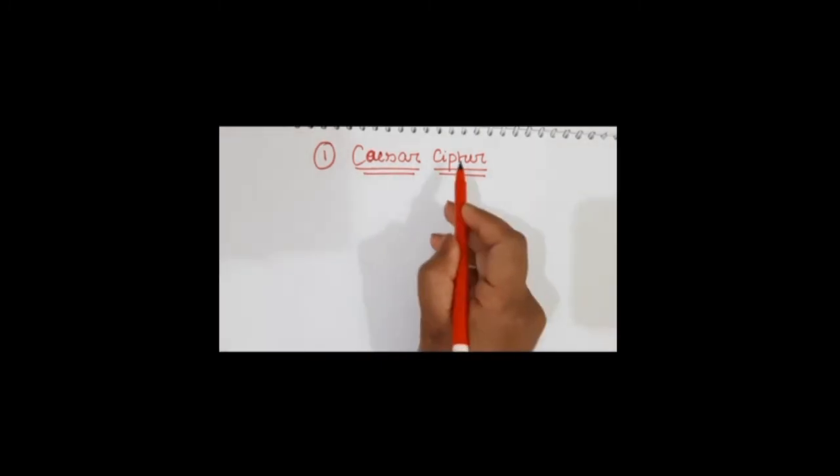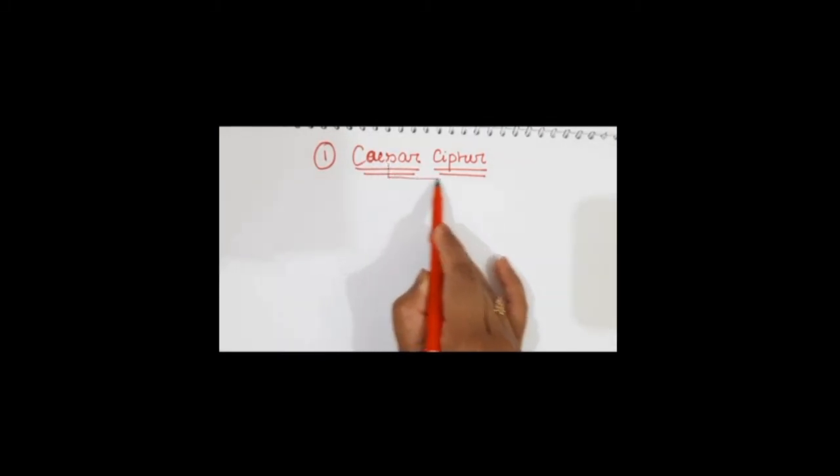Now, in his era, the messages were sent in a particular way. How was it sent? In his era, the message was converted into a secret form, and then it was given to the person who took the message to the other party. And this secret form was a methodology. The Caesar cipher technique has evolved from the technology that was used in that era.